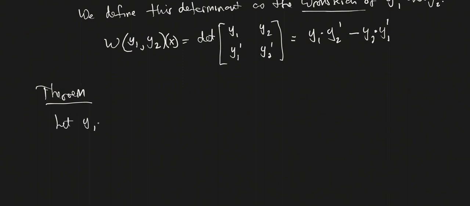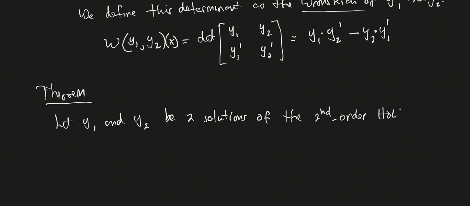So let y1 and y2 be two solutions of the second order homogeneous differential equation that was given above, not necessarily with constant coefficients, but obviously it works with constant coefficients too, on an interval, let's call it I. And it could be some interval of existence.